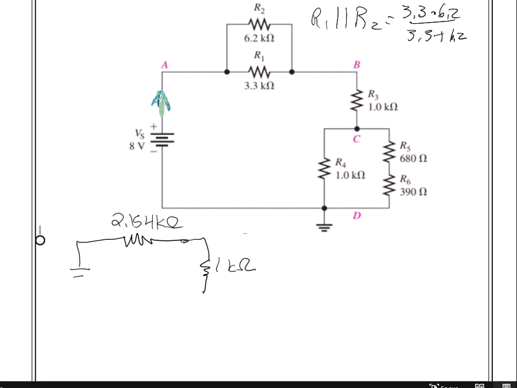And now I'm going to go ahead and combine these two that are in series over here and say that one is 1070 ohms, which is the same as 1.070 kiloohms, to keep it in the same units since everybody else was in kiloohms.